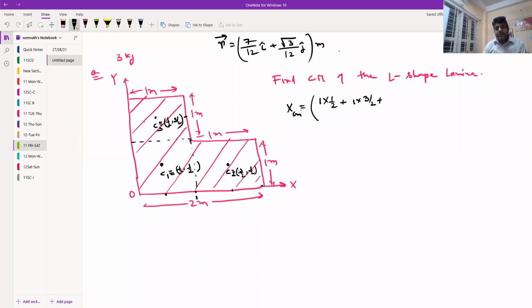This one is 1 kg and x coordinate is 1/2. By mass 1 plus 1 plus 1. So what we have, 3 और 4 और 5, 5/2/3, that is 5/6 meter, है ना?